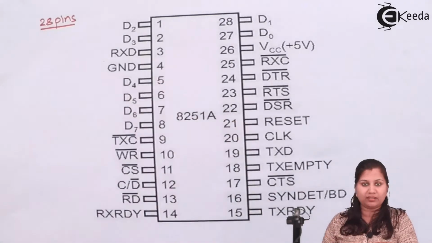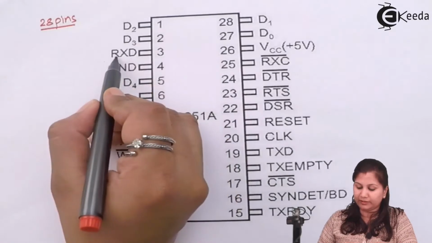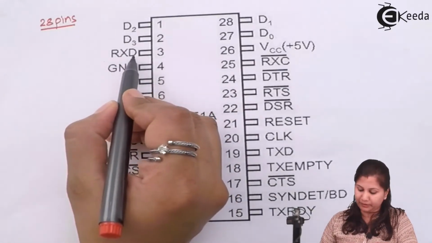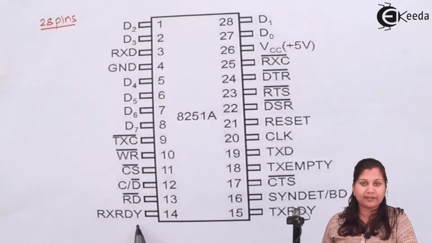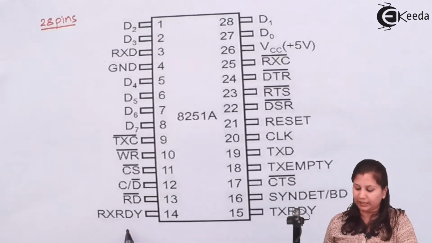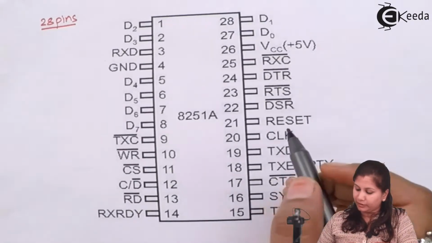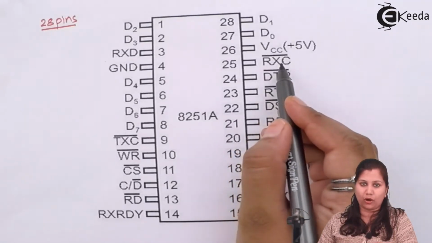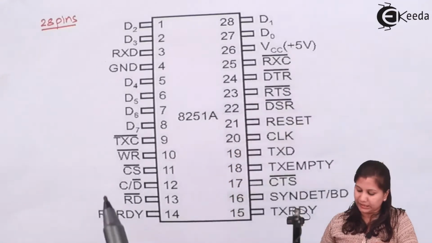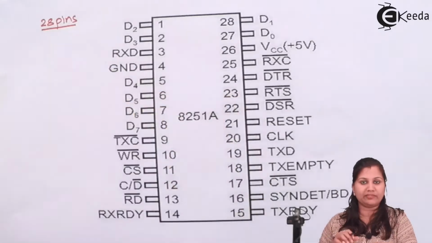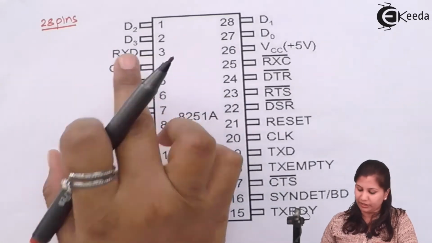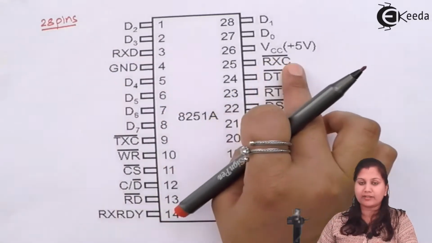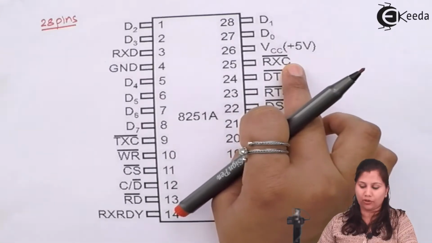So for receiving data, we have the received data RxD pin. We have RxRDY, that is receive ready. We have the RxC, that is receiver clock. So these three signals are for receiving the data: receive data, receive ready, and receiver clock.